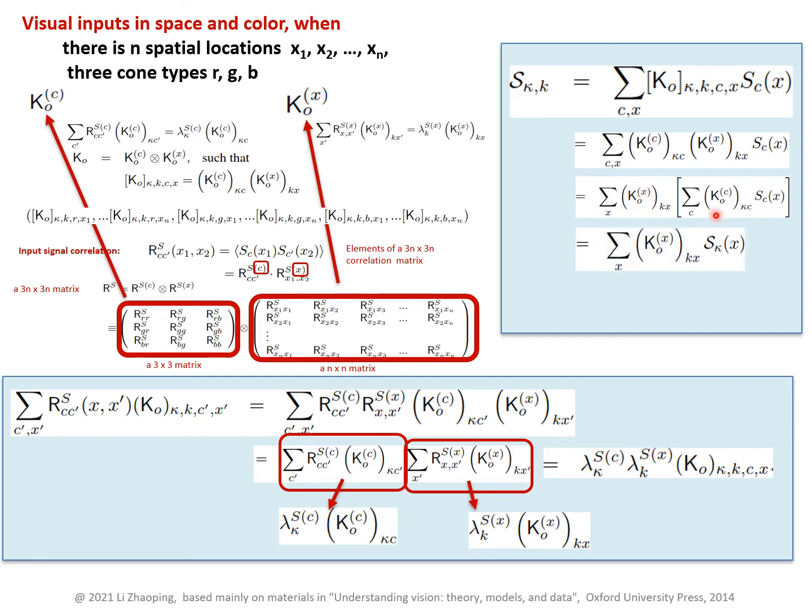Therefore you see that this is a color decorrelation into luminance or chromatic channels, and this is the Fourier transform going to this component, for the kappa and the k frequency. Kappa is luminance or chromatic, red-green chromatic or blue-yellow chromatic. And we know from here that the average variance power is equal to the eigenvalue.